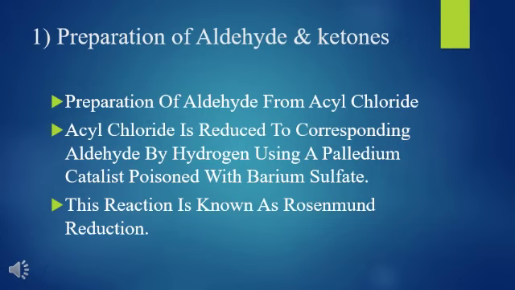In this, the simple reaction is R single bond C double bond O single bond Cl, which is acyl chloride. This reacts with hydrogen with palladium poisoned with barium sulfate. It gives R single bond C double bond OH plus hydrochloric acid.